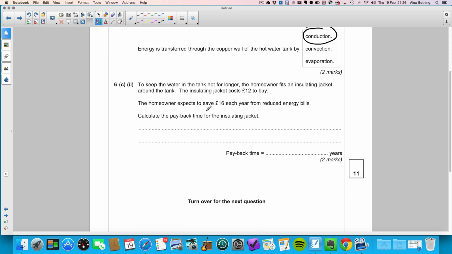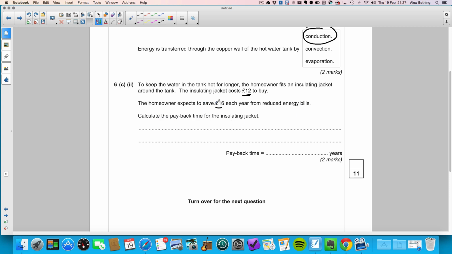C part 2, to keep the water in the tank hot for longer, the homeowner fits an insulating jacket around the tank. The insulating jacket costs £12 to buy. The homeowner expects to save £16 each year from reduced energy bills. Calculate the payback time for the insulating jacket.